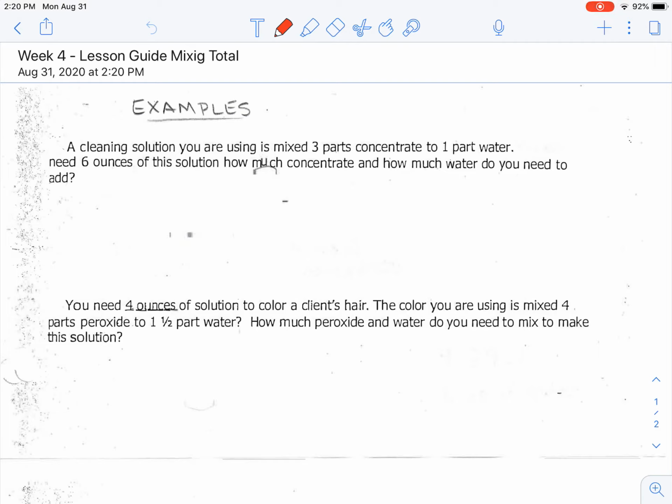Right here in the upper left hand corner, we're used to putting a part number in there, but we're going to put the total number of parts. So there are 4 total parts in this example, and 3 of them are going to be coming from concentrate. And then on the right hand side, just like we used to, we're going to put in the actual measurements.